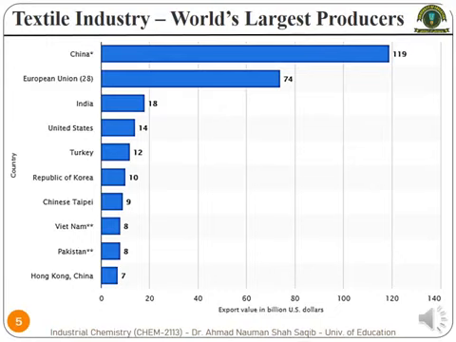At the top is China, which has textile exports of around 119 billion US dollars per year. And then after China, there is the European Union. It has textile product exports of about 74 billion US dollars per year.